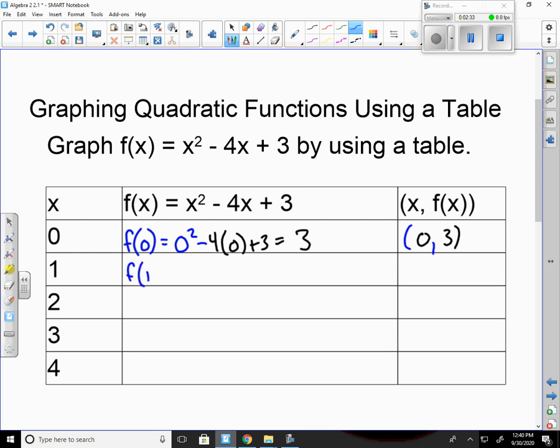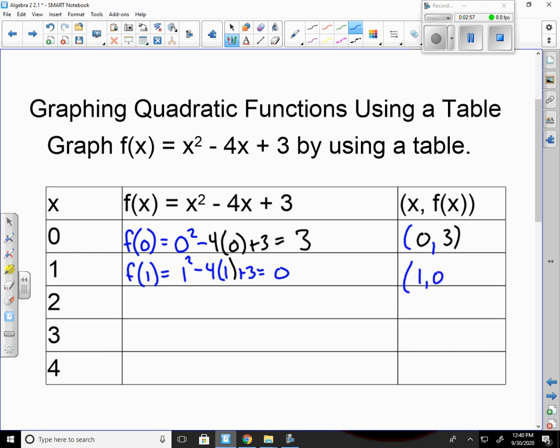Plug the 1 in. F of 1 would be 1 squared minus 4 times 1 plus 3. 1 squared is 1, minus 4 times 1, that would just be minus 4. That's negative 3 plus 3, 0.